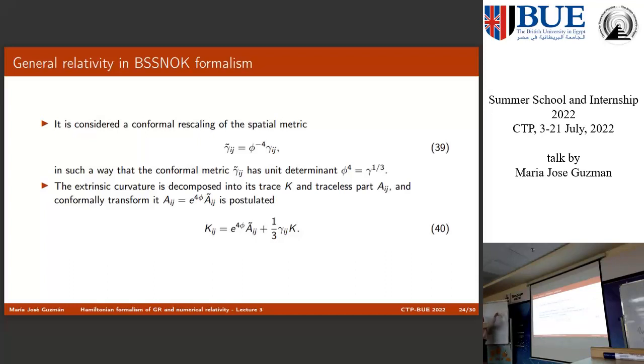These are your metric and the momentum of the metric. So I make a conformal transformation in this one, and I split the trace and the trace-free part. This is the trace, and this is the trace-free part.